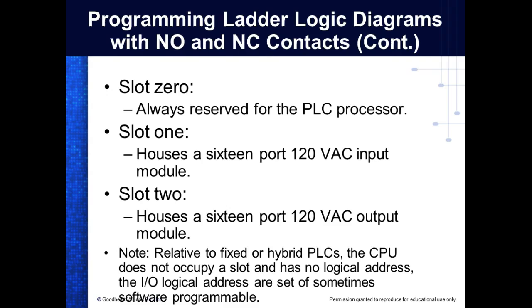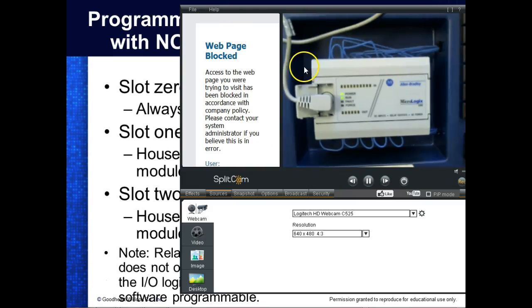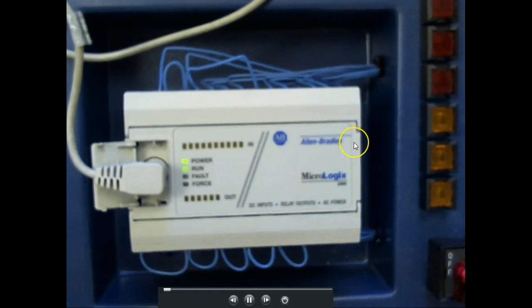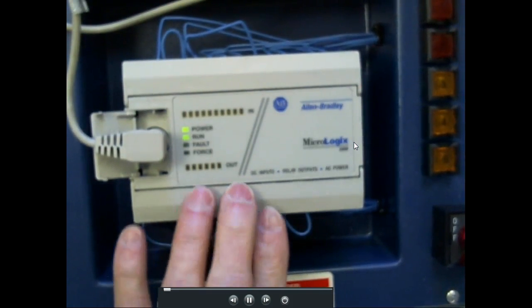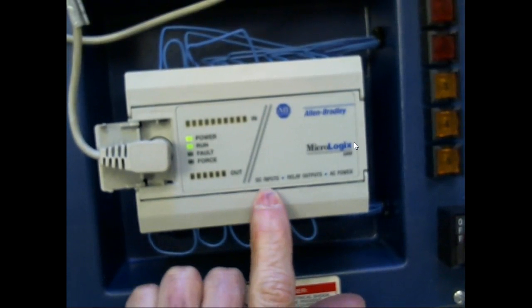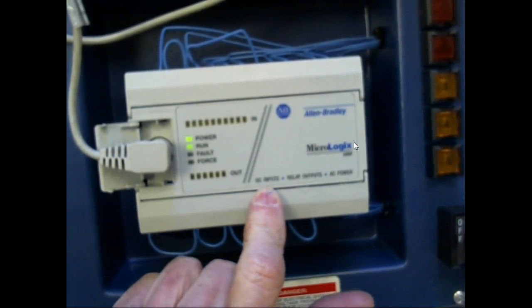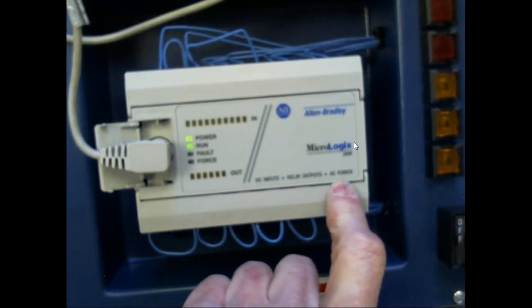Our 1000s that we use, and y'all got to be careful with this thing, guys. See if it focuses. Come on, focus. Boy, it was beautiful a while ago. It uses DC inputs, uses relay outputs, and it's powered by AC.